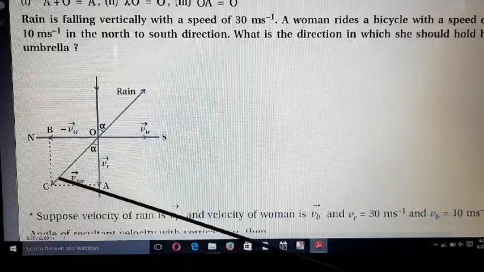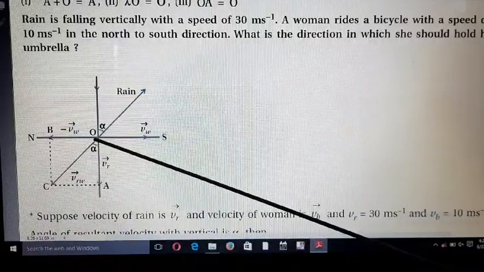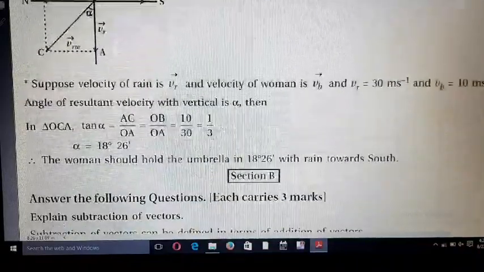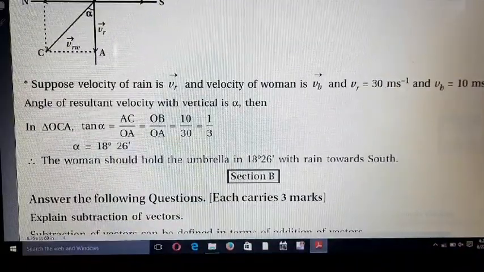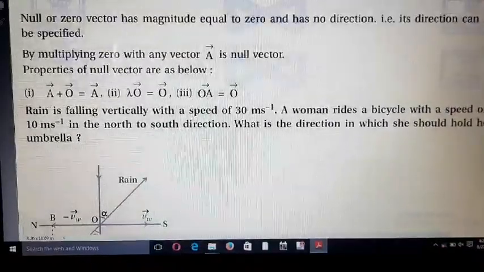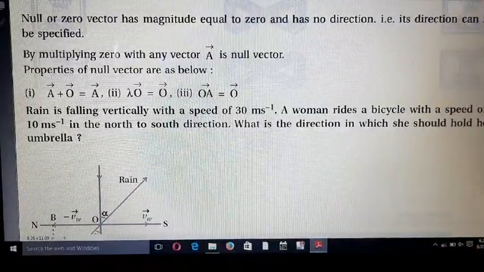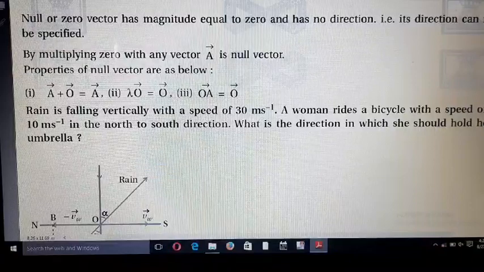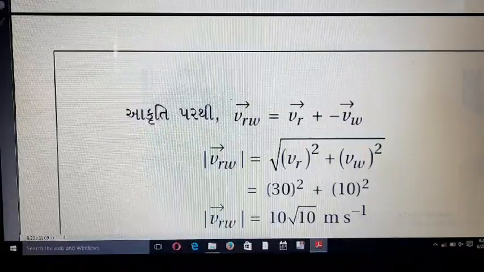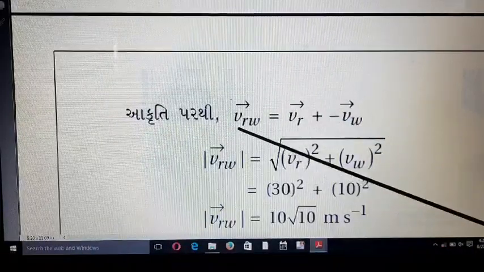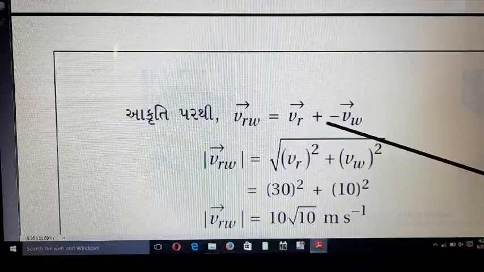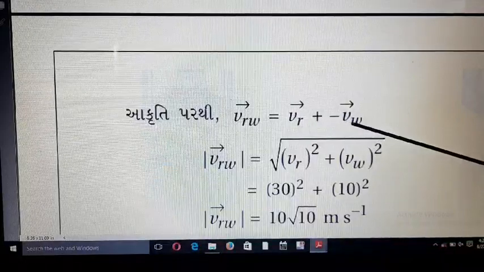So this is the resultant vector. So from the figure we can write vector VR omega is equal to vector VR plus bracket vector V omega.